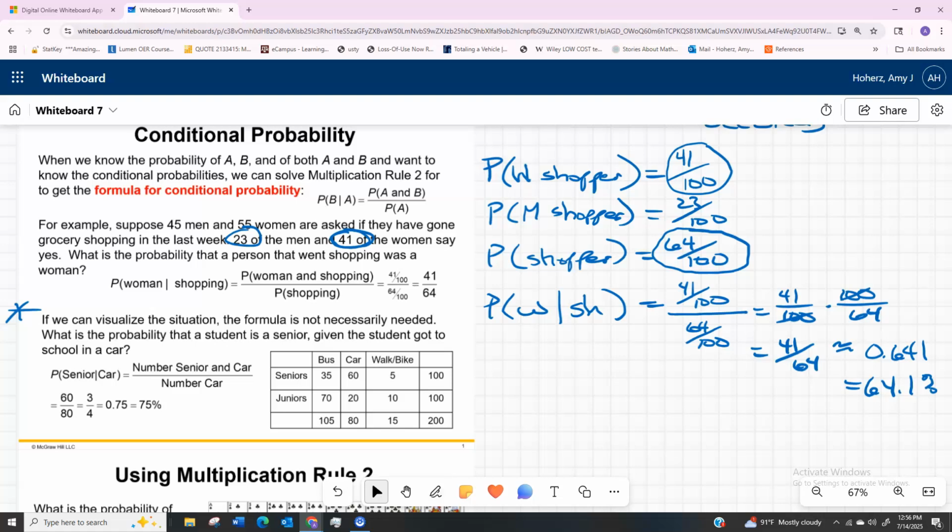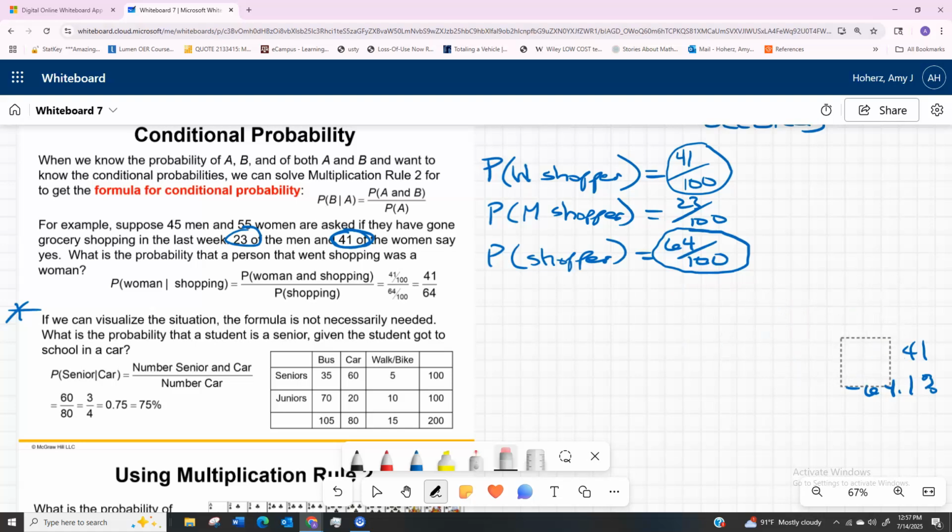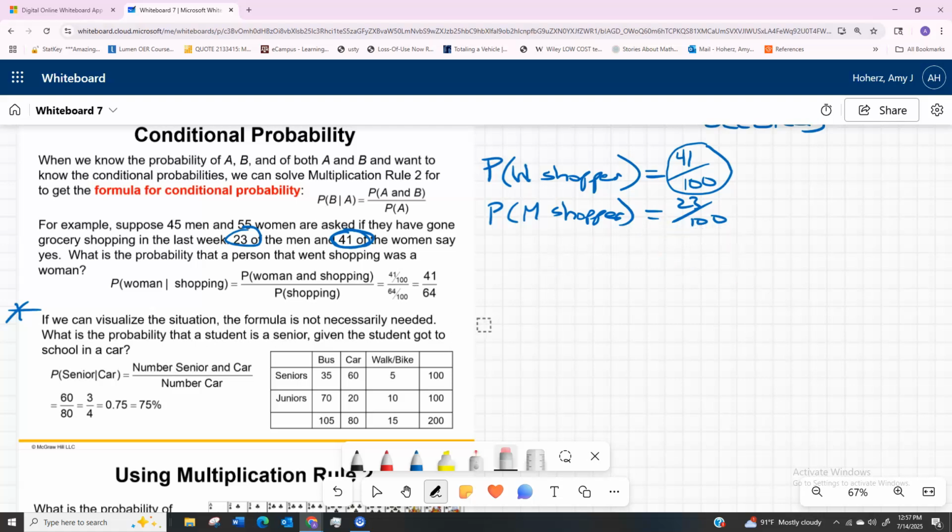So let me erase a little bit here to get some space. So we have the problem as the probability that we have a senior given that the student gets to school on most days in a car.